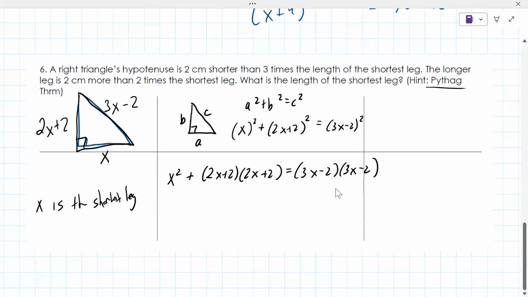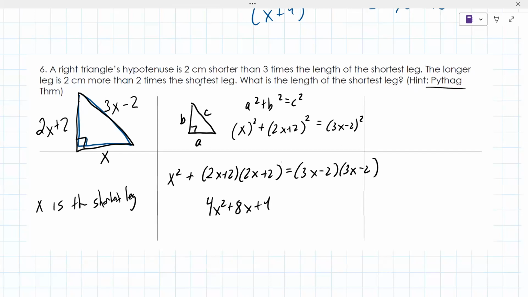Could you FOIL this on both sides for us, please? All right. On the left side, I got 4x squared plus 8x plus 4.